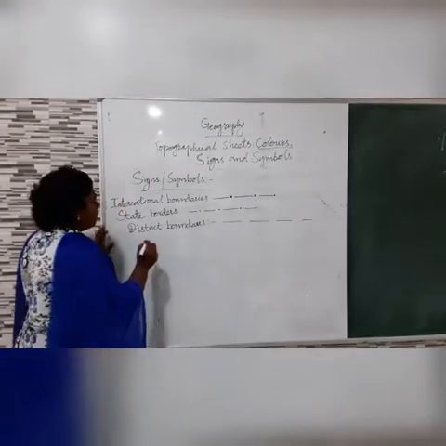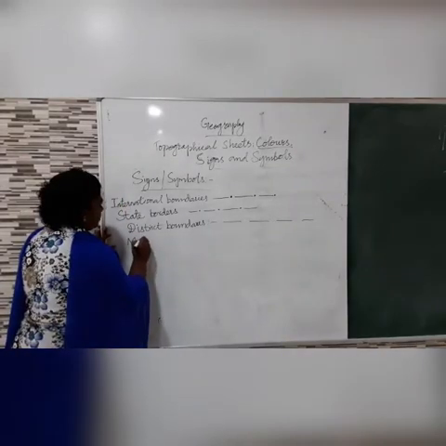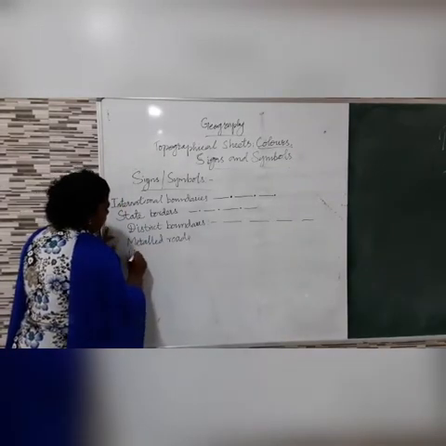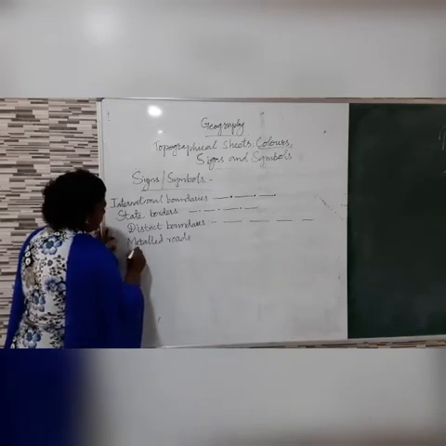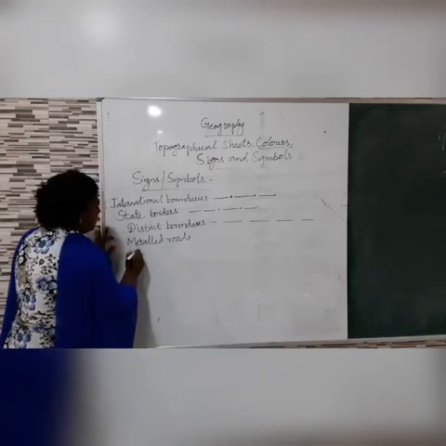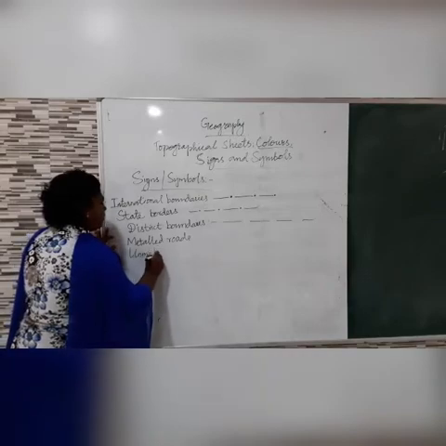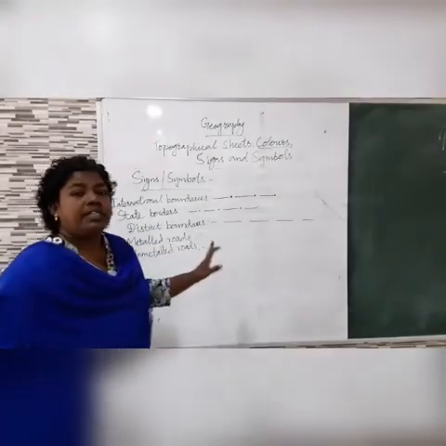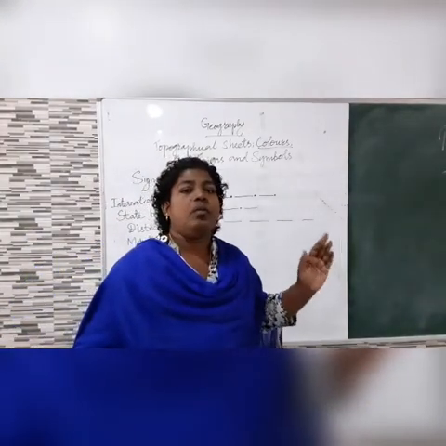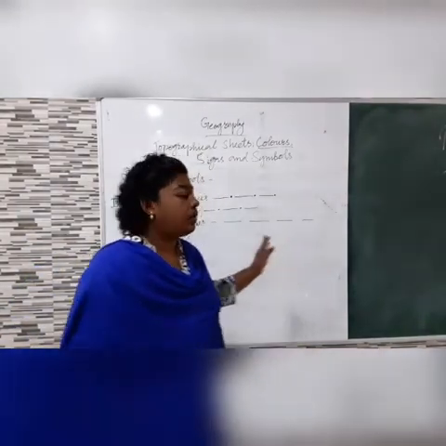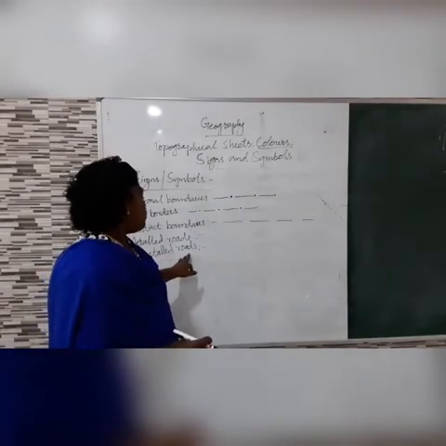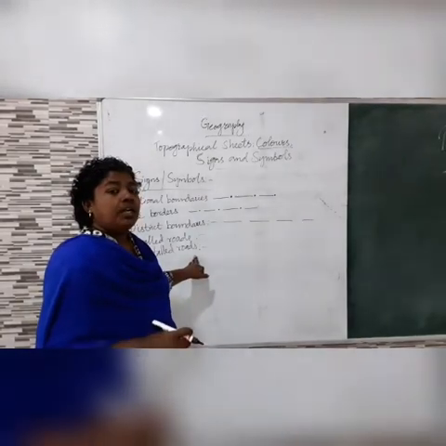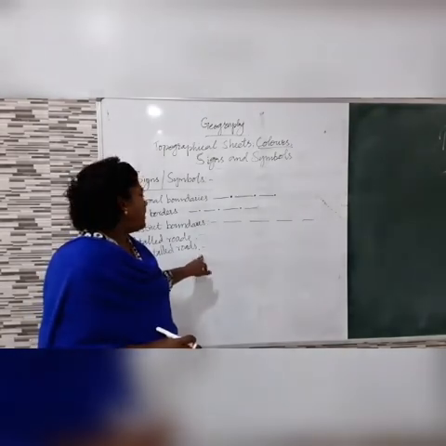Now, metalled roads and non-metalled or unmetalled roads. Metalled roads can be seen only in the developed regions, whereas unmetalled roads can be found in the undeveloped regions.